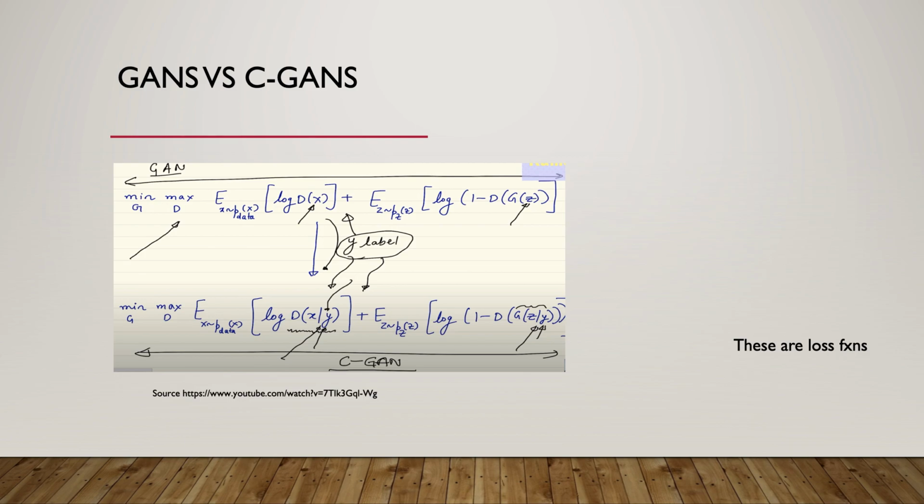If you look closely, the c-GAN is conditioned on y, which is a class label. But for the GAN, it is not being conditioned. Whilst the loss function for the generator and discriminator of the c-GAN is conditional on a class label, as we can see in the second equation, that of the GAN is not. So that's where the main difference is.